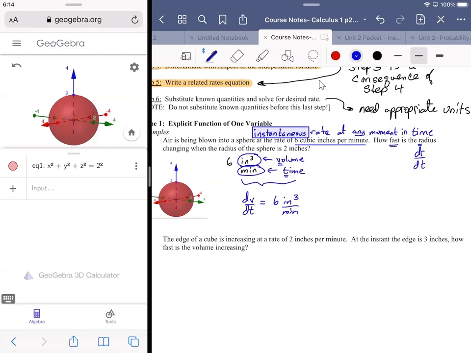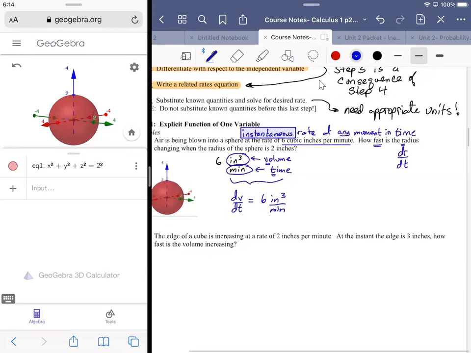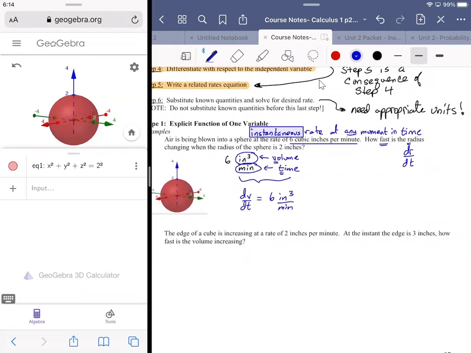And the key word there is fast. How fast? That's an indication of speed. Speed has a component involving time. So what is speed except distance over time? So the radius here is serving the purpose of distance, and t is obviously time. So it's asking us to figure out what dR/dt would be when the radius of the sphere is equal to 2 inches.